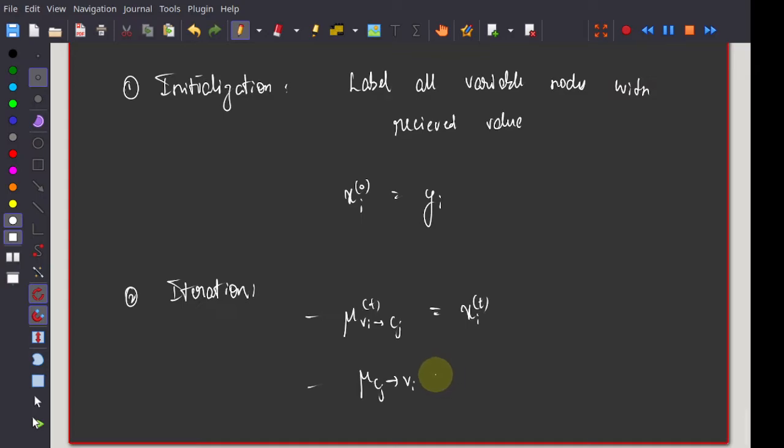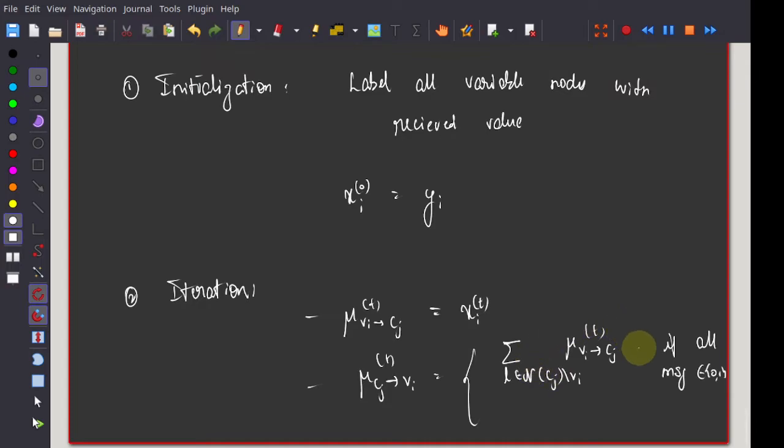The message is going to be the XOR of everything else, if all messages are binary.